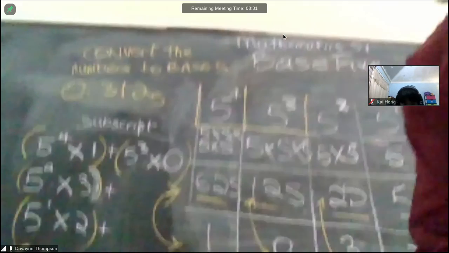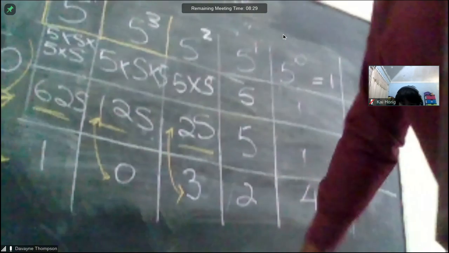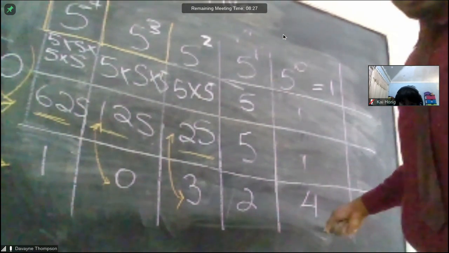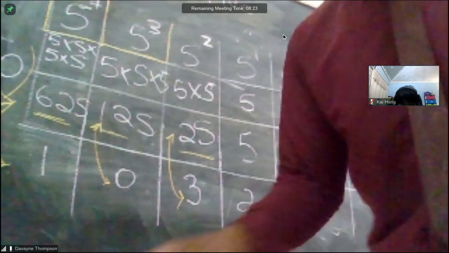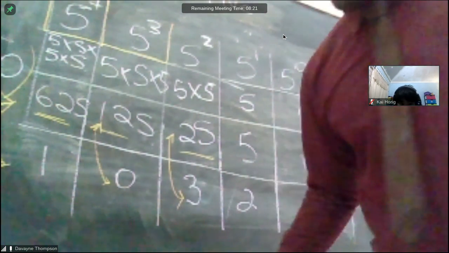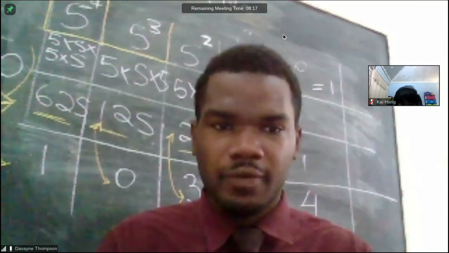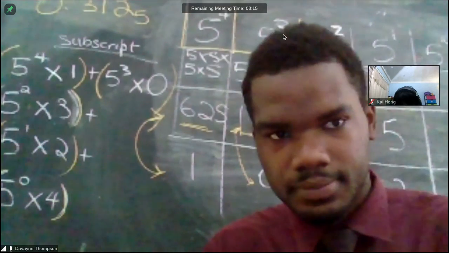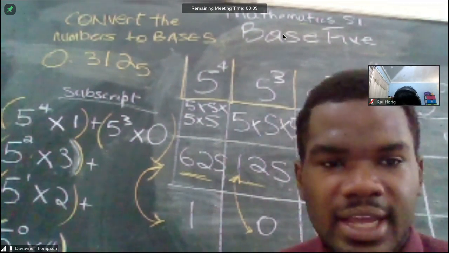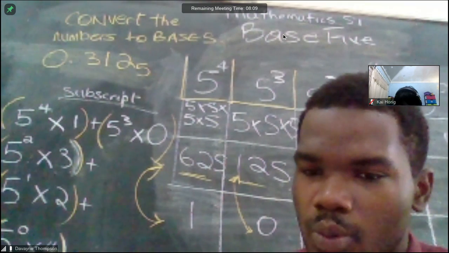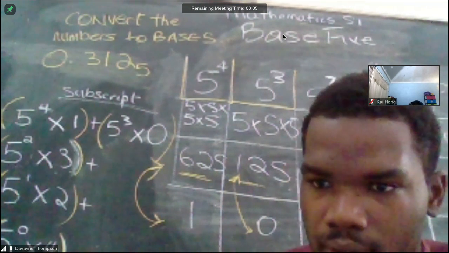Because in the ones column, I would have put 4, but I don't have a ones. I have a decimal. So for this one, I'm going to sit down and actually explain it to you. So everybody stop what you're doing for a second. When we say 0.312, do we have a whole number?